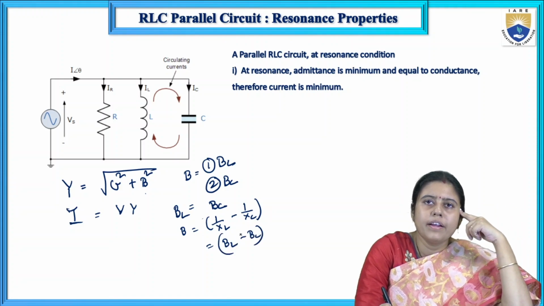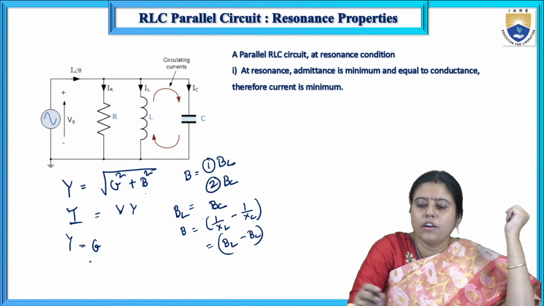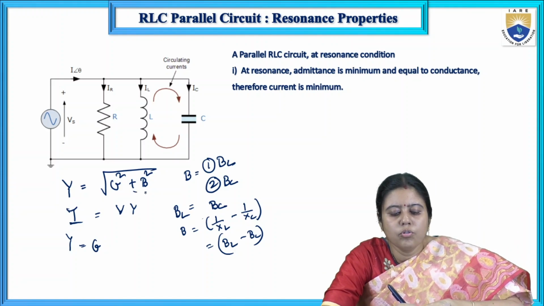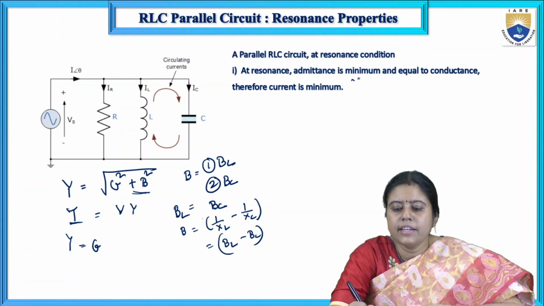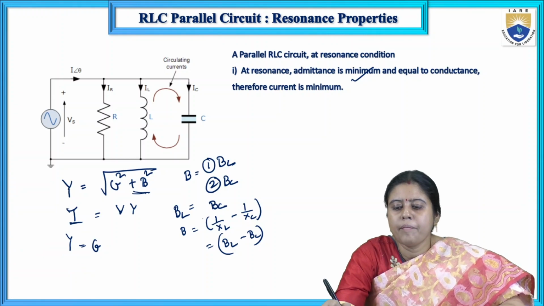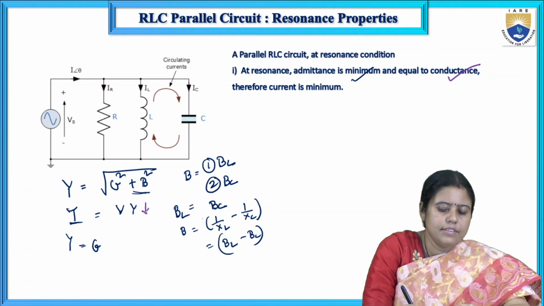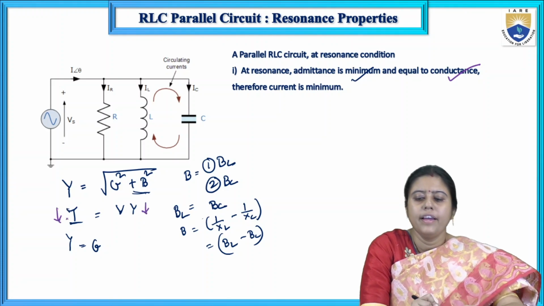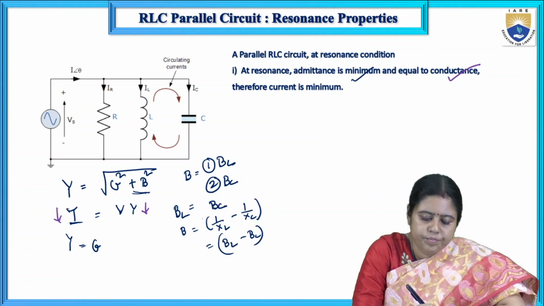If BL minus BC is equal to 0, then Y is equal to only G. As there is no additional term, we can tell that the admittance is minimum and equals the conductance. If Y is less, then I should be less, so the current will be at its minimum value.